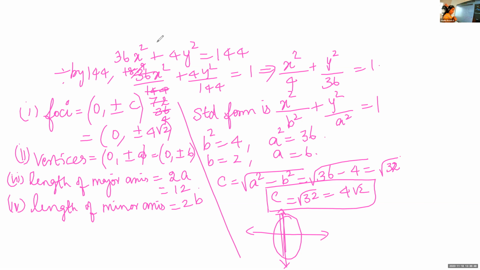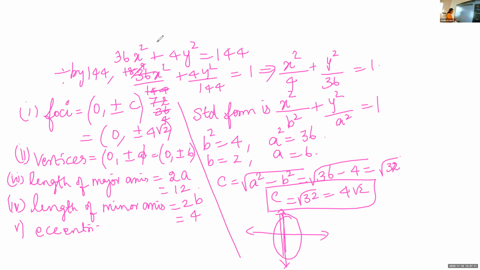If it is semi-major axis or semi-minor axis, you take only a or b. Here, length of minor axis is 2b, which is 2 into 2, so it is 4.